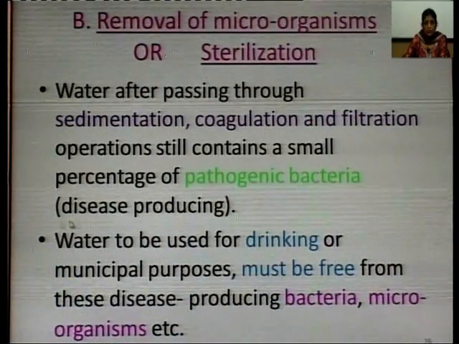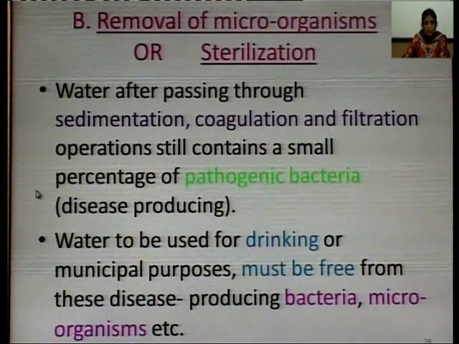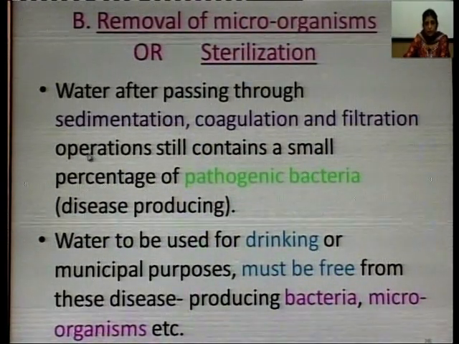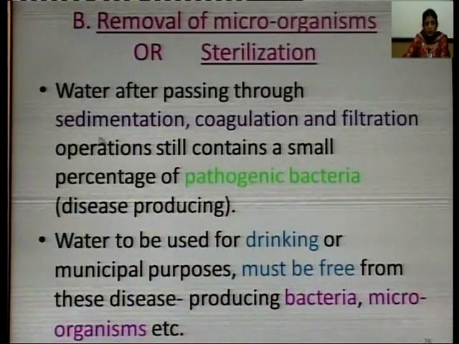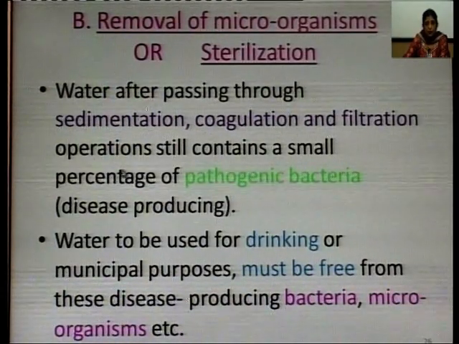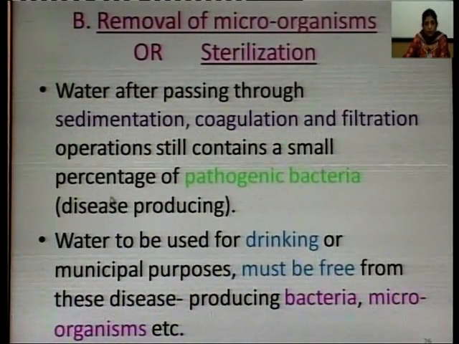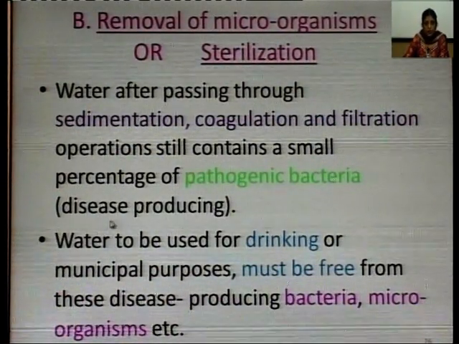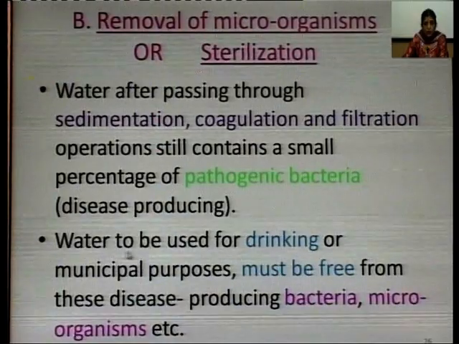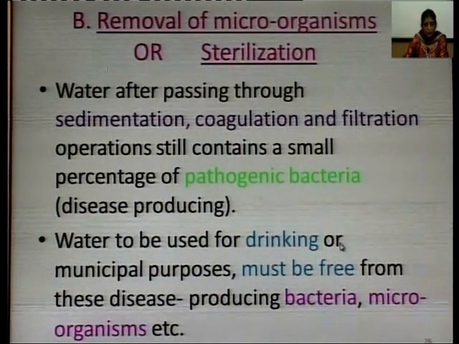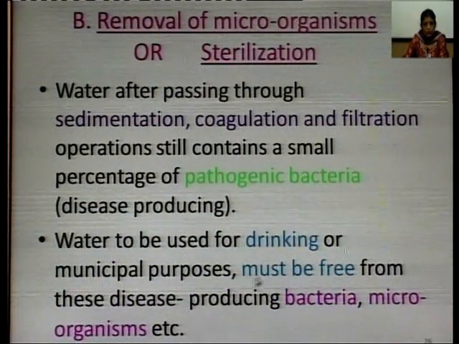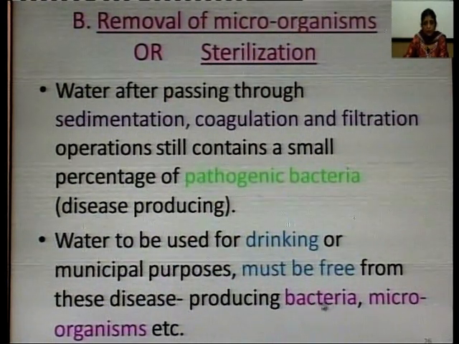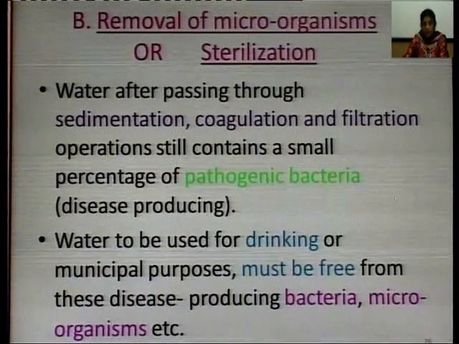So, they are called pathogenic bacteria. Even the water we receive after filtration is clear, but it is not free from microorganisms. So, it may cause disease. So, it should be made disease free by sterilization. Water to be used for drinking or municipal purposes must be free from disease producing bacteria and microorganisms etc.